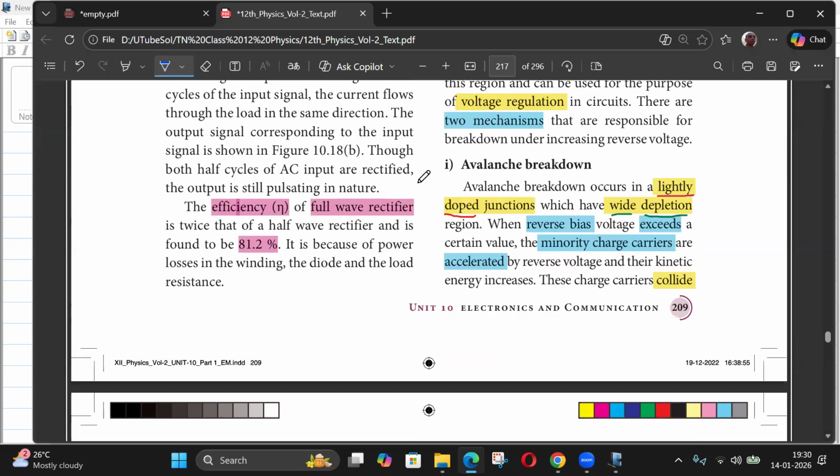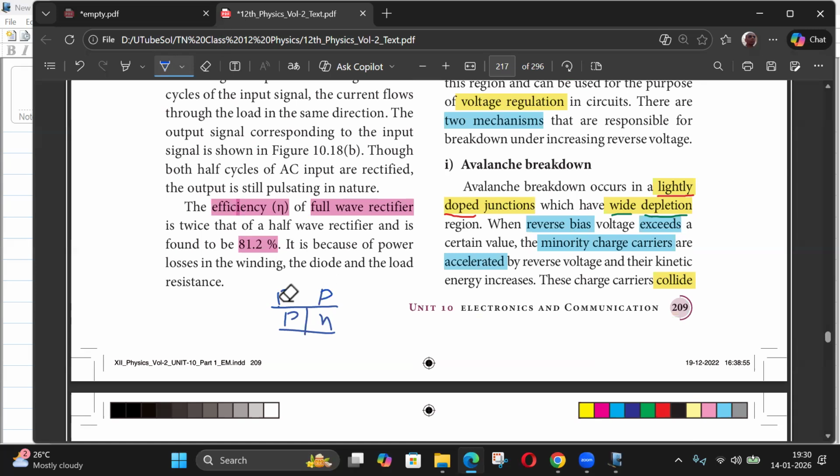One is called avalanche breakdown, in which the material is lightly doped. For this N side, I add phosphorus impurity.